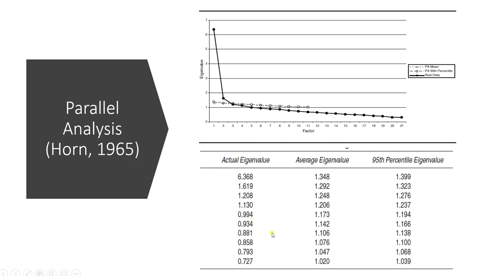And then we extract the eigenvalues on several random data sets, say 500, 1000 random data sets, and either the mean eigenvalues of all the random data sets for each component is computed, or some quantile, say 95th percentile eigenvalue is calculated.